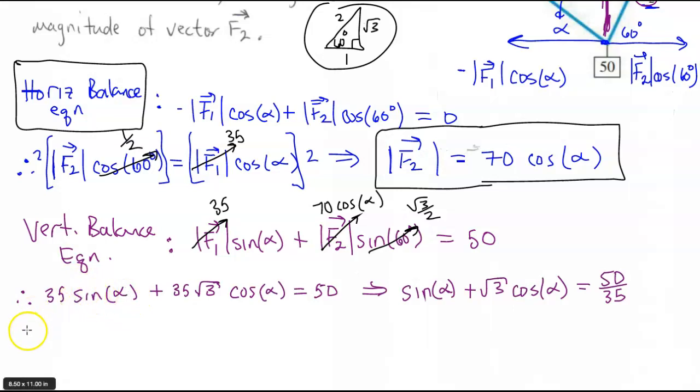So here, what this means for me is that I'm going to rewrite this as square root of 3 cosine alpha plus 1 sine of alpha. And of course, if I simplify 50 divided by 35, that's going to be 10 divided by 7.